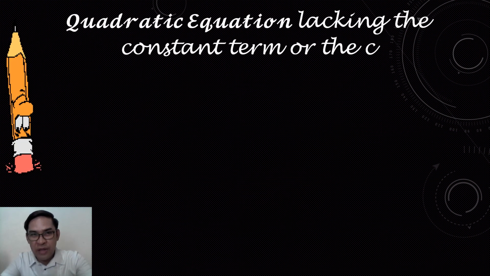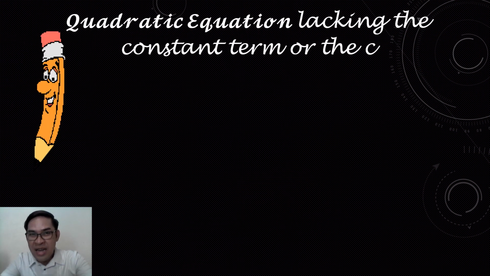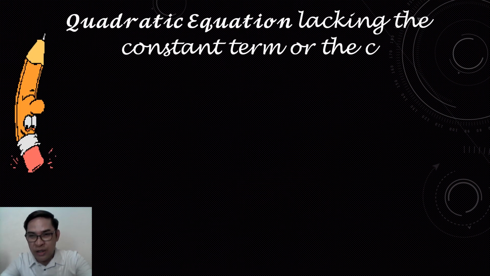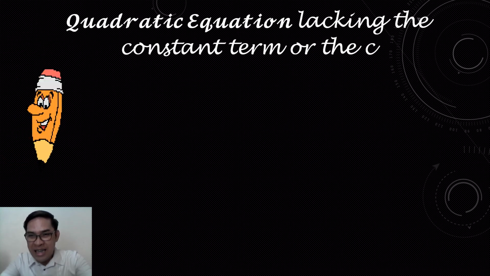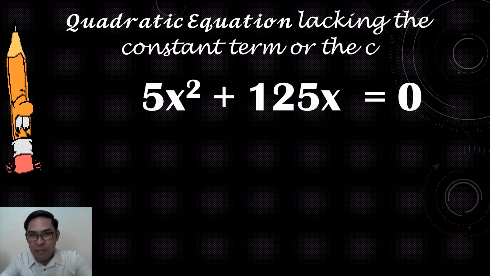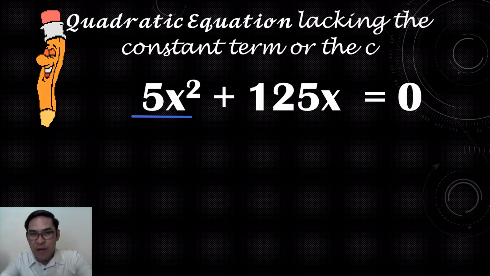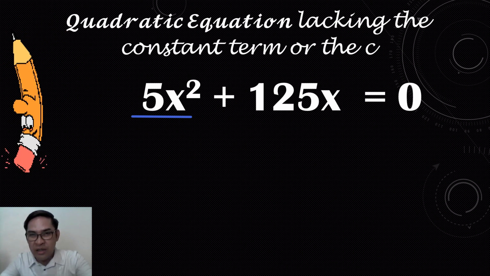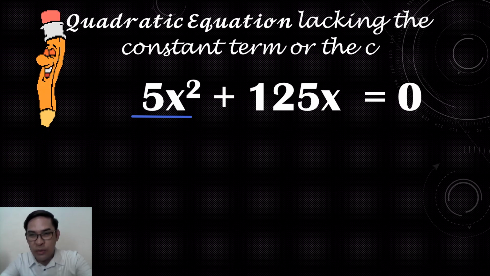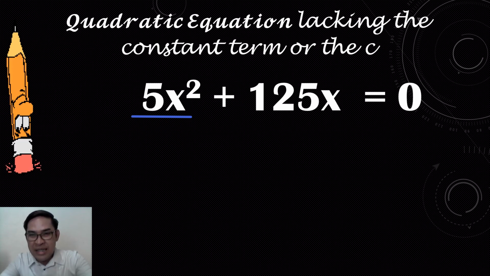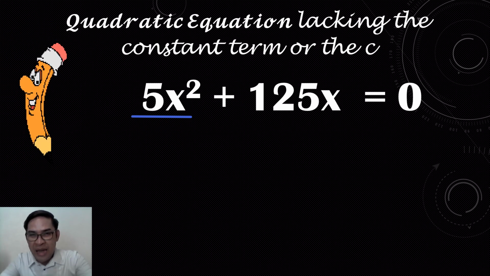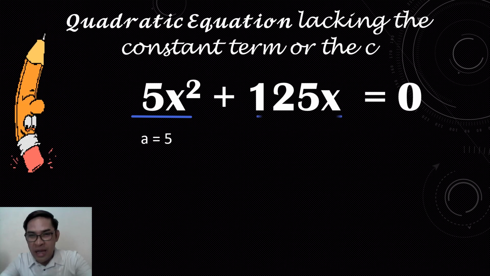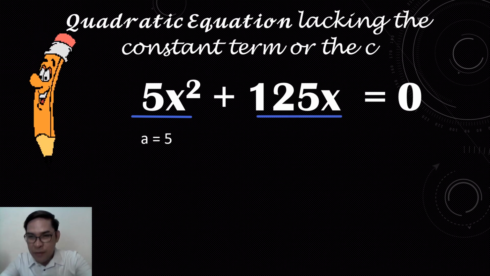So how about if a quadratic equation is lacking the constant term, or the c? Now let me give you an example. We have 5x squared plus 125x is equal to 0. From this example, we can identify the value of a is equal to 5.